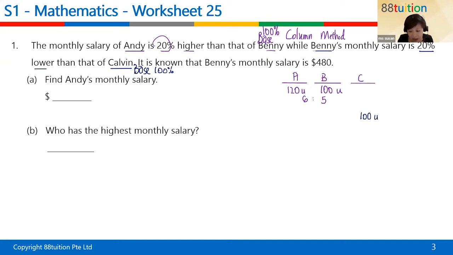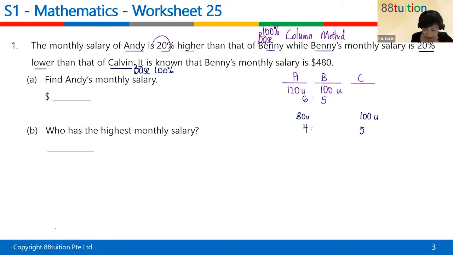And Benny now is 20% lower, which is 80 units, right? For this 80 units, I can also change it into simplest form. I divide by 20, I get 4:5.